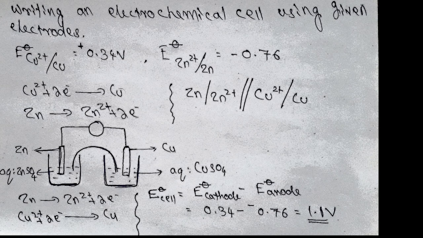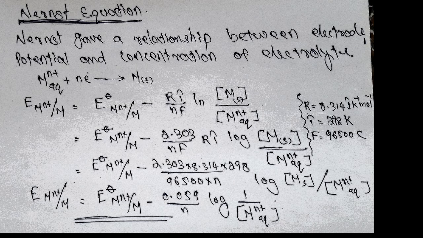Next one, the Nernst equation. The scientist Nernst gave a relationship between electrode potential and the concentration of electrolyte. See here the equation: Mn+ plus n electrons giving M. This M represents a metal and n represents an integer.